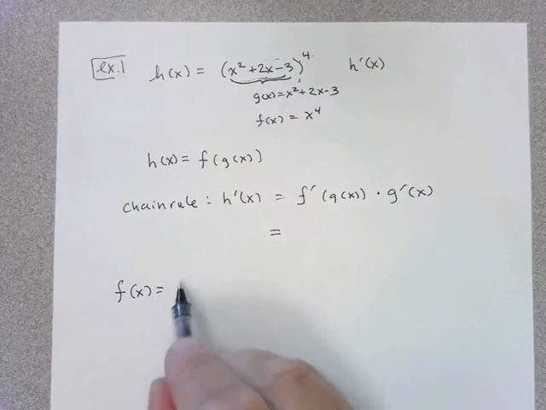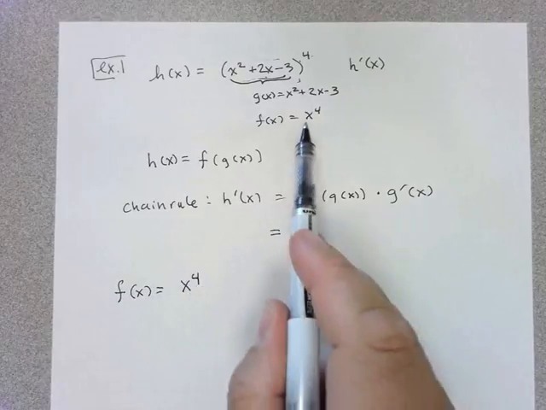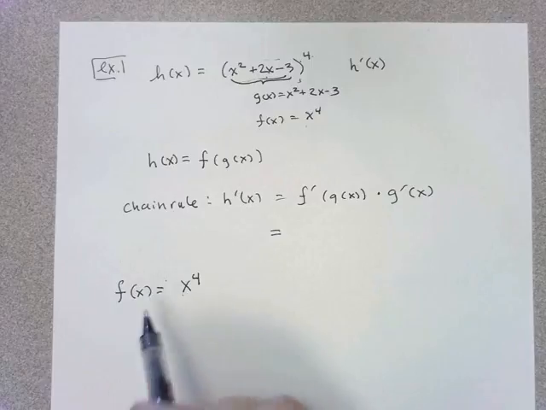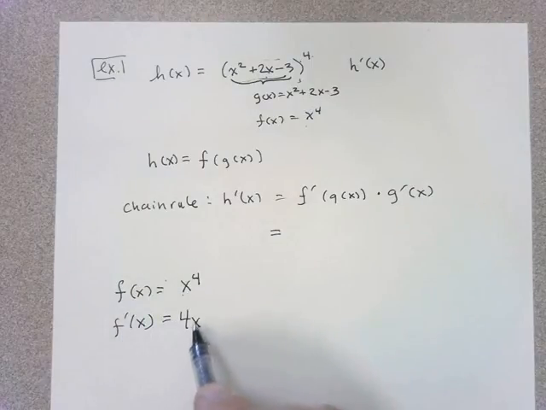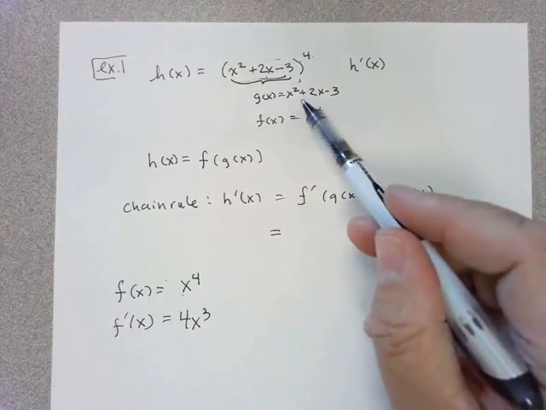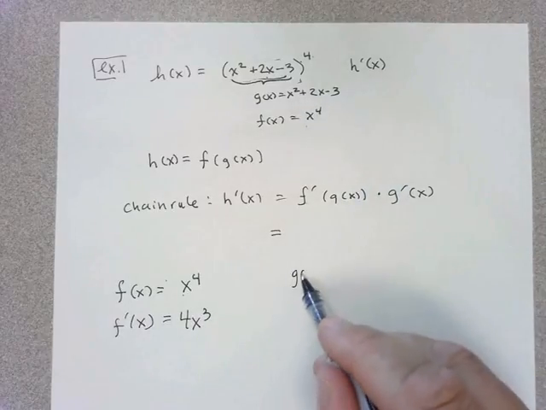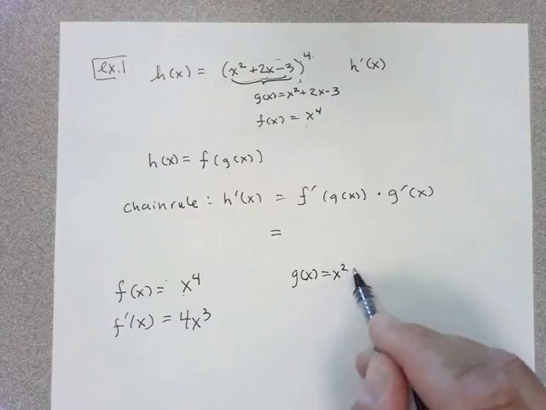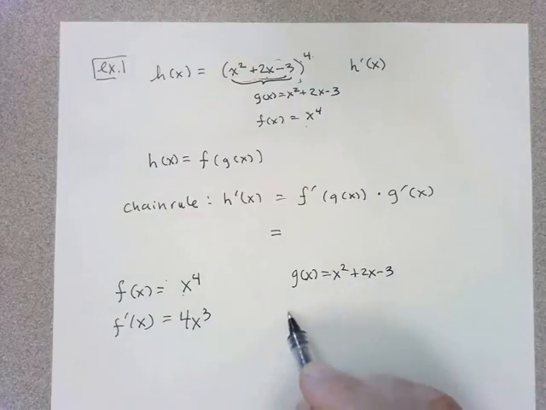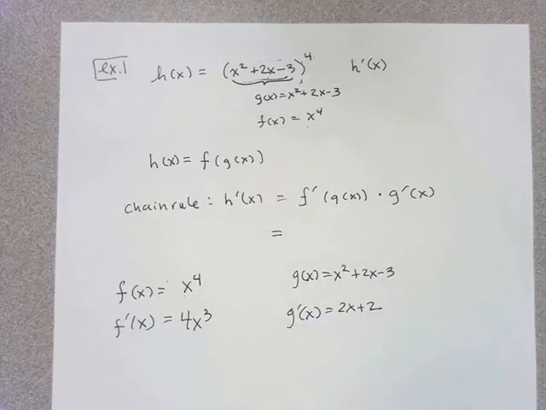So f of x is x to the 4th, so f prime of x is 4x cubed. g of x is x squared plus 2x minus 3, so g prime of x is 2x plus 2.